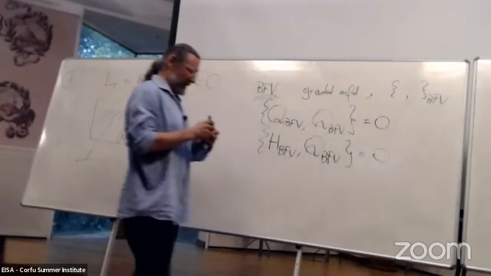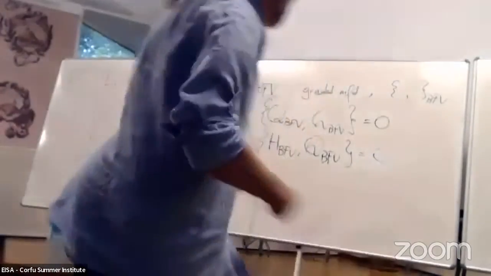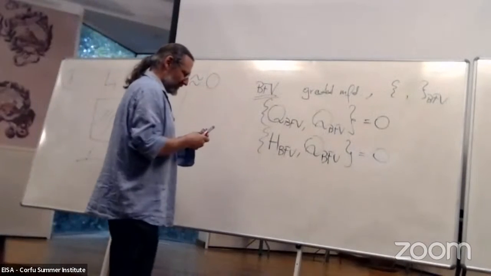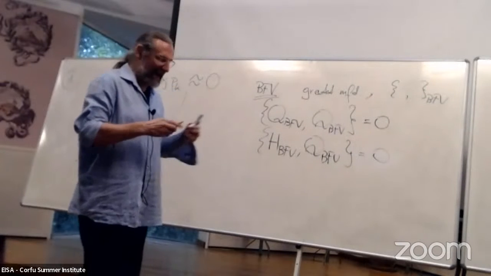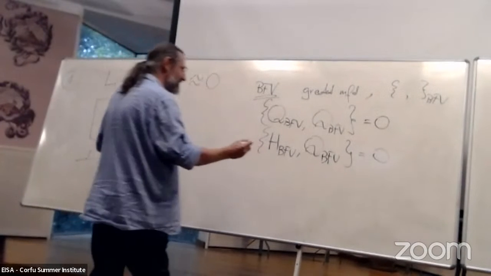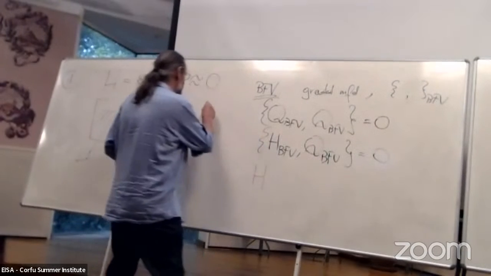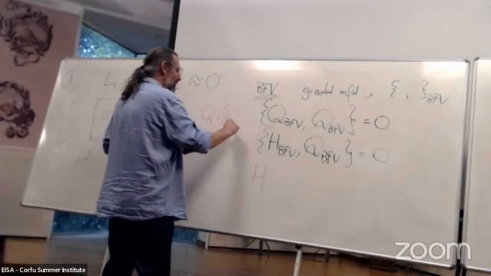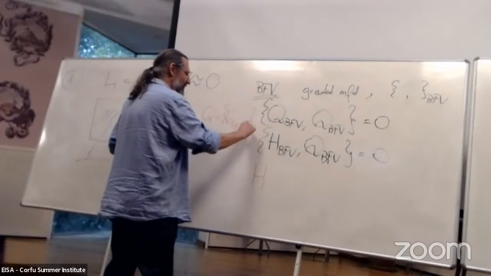And the whole idea relies on the fact that the cohomology of this Q, let's call Q just the Hamiltonian vector field of this Q_BFV with respect to this bracket.